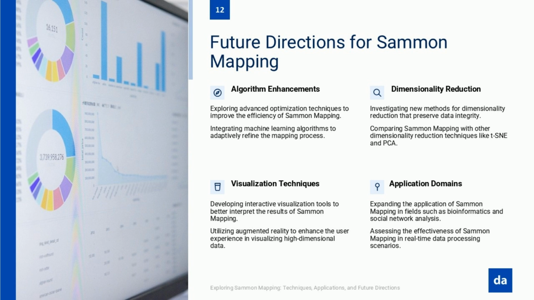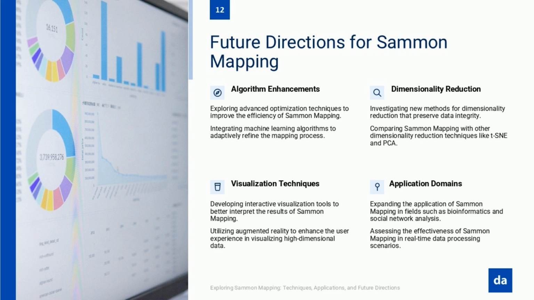Combining Sammon mapping with other dimensionality reduction techniques like PCA, t-SNE, or autoencoders has shown potential for improving both speed and accuracy. For example, PCA can be used as a pre-processing step to reduce initial dimensionality, making Sammon mapping's optimization more efficient.